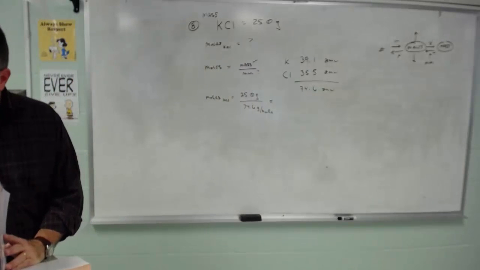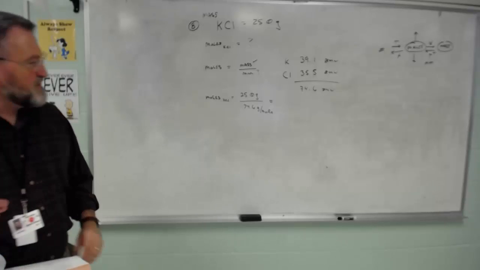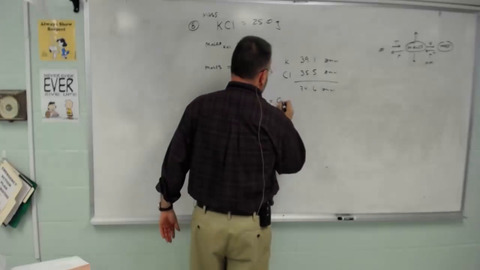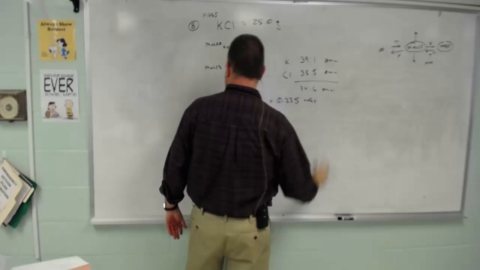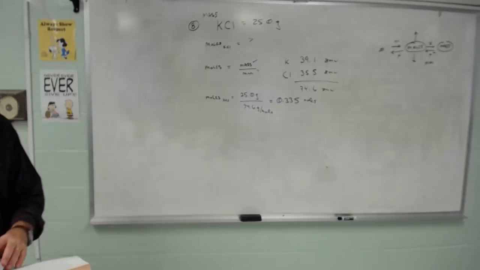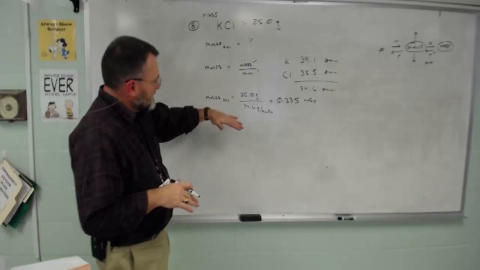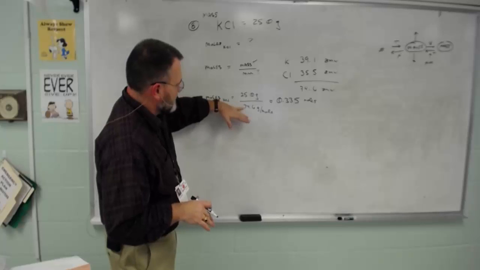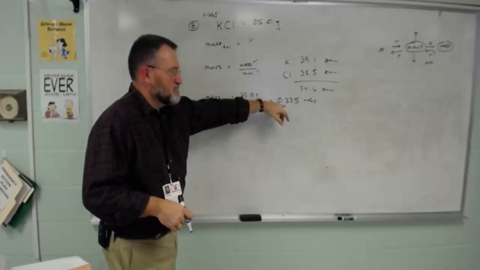And again, trusting the calculator, 0.335 moles of potassium chloride. You should be able to look at that and say, hey, it is just about 1/3, right? This is almost 75 and this is 25. It's about 1/3.